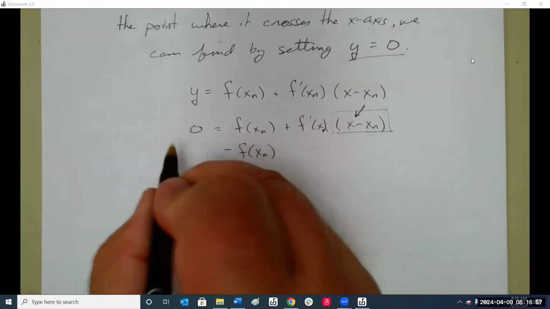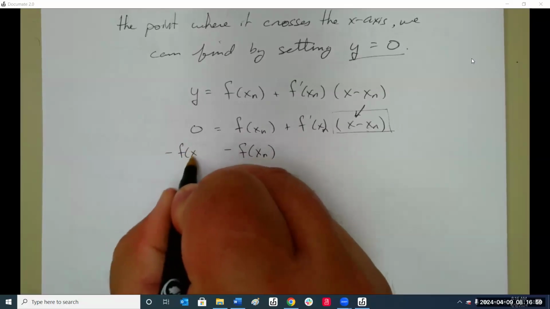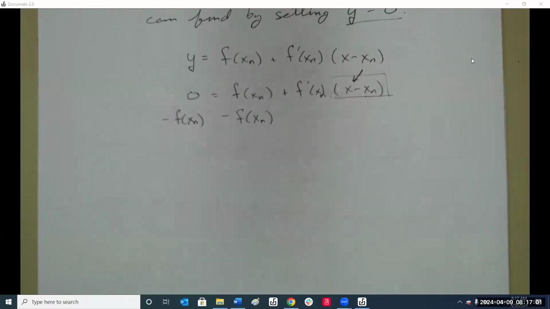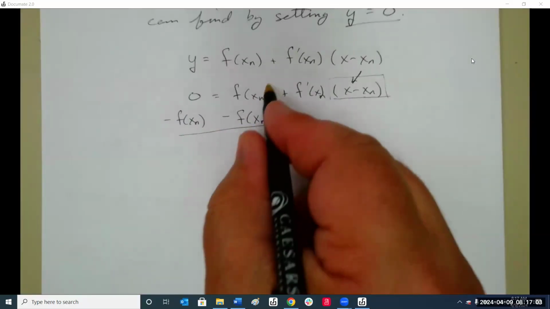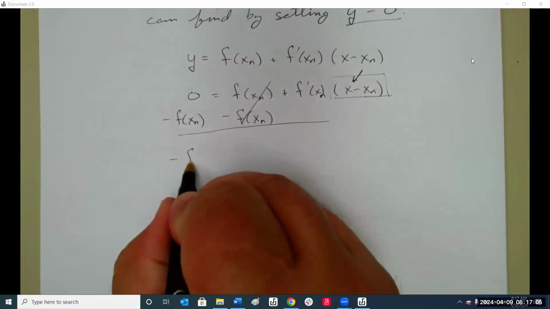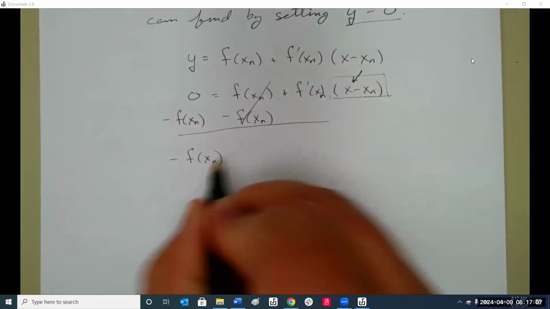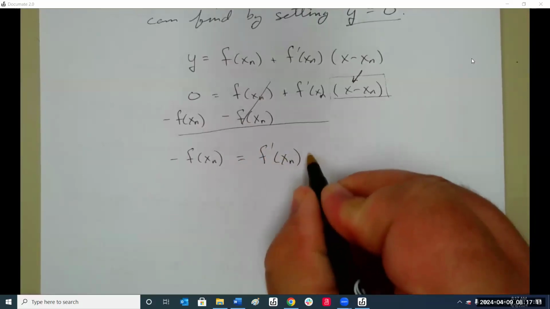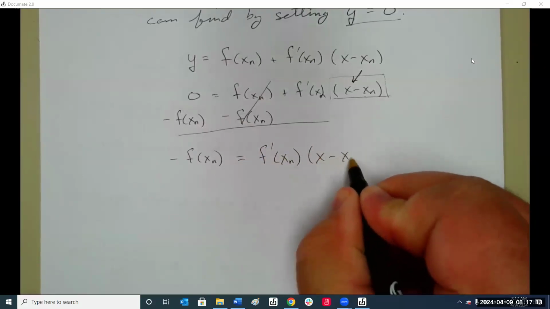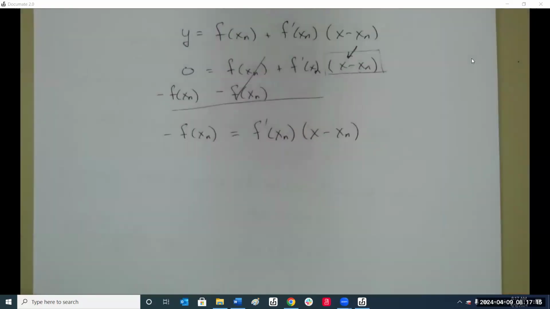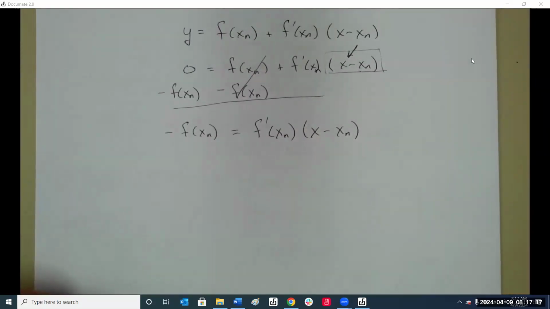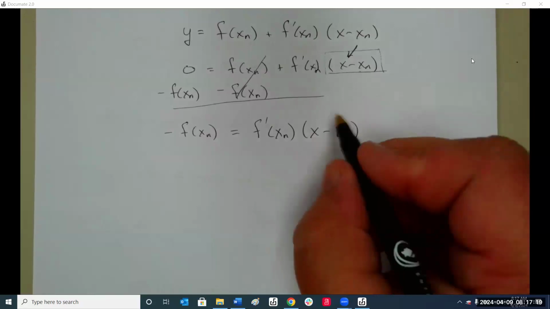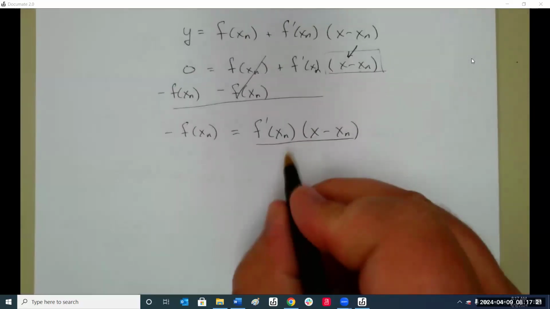Subtract f of x sub n. Remember, we're trying to solve for x. So next we get rid of the first derivative.